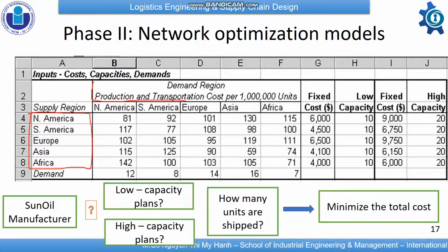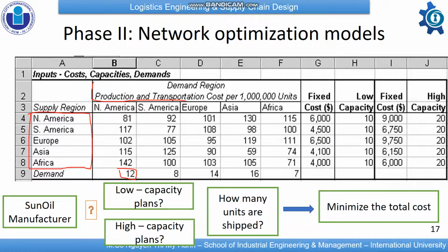And we have the demand of North America is 12. From B9 to F9 is the annual demand of the markets here: North America, South America, Europe.